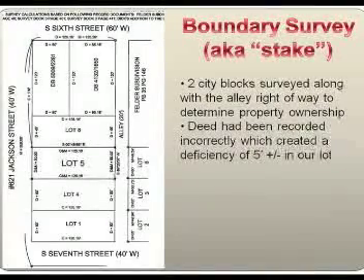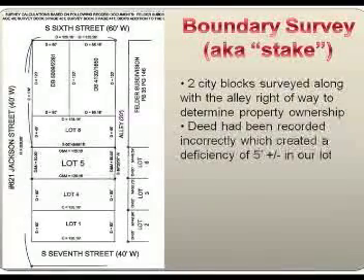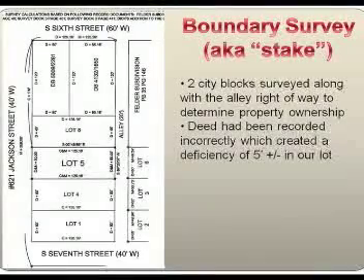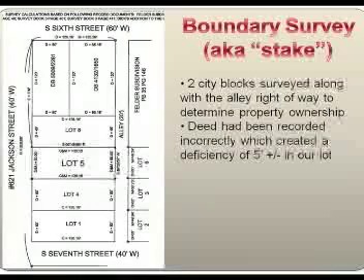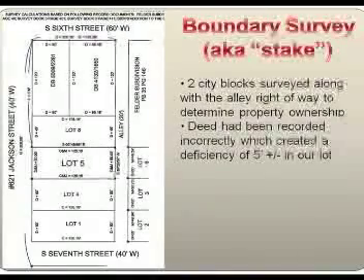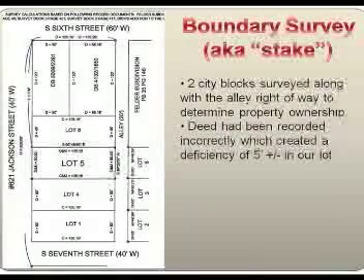At this point, we're past our 25-day deadline because, for whatever reason, it didn't get done before the 25 days. And there was a problem with the title company being able to insure the property. They could insure the 50 foot by 119 feet, but they couldn't insure 125 feet for a depth of the lot because the chain of title had never said it was supposed to be 125 feet.